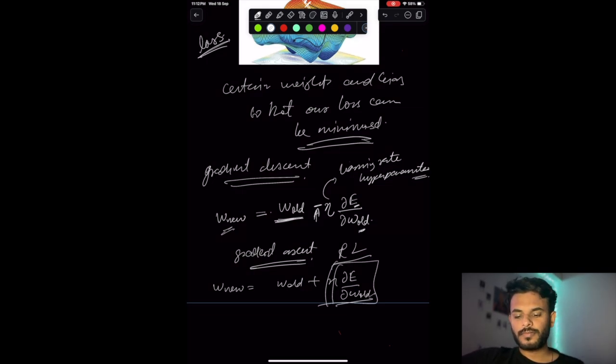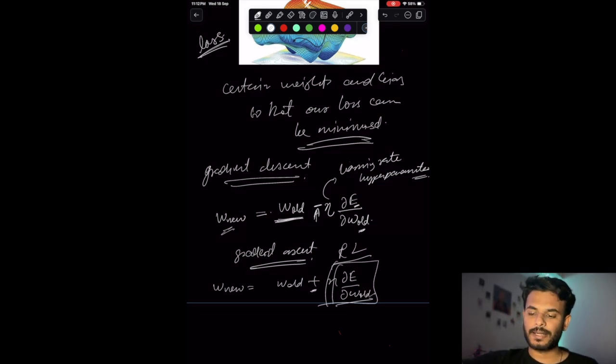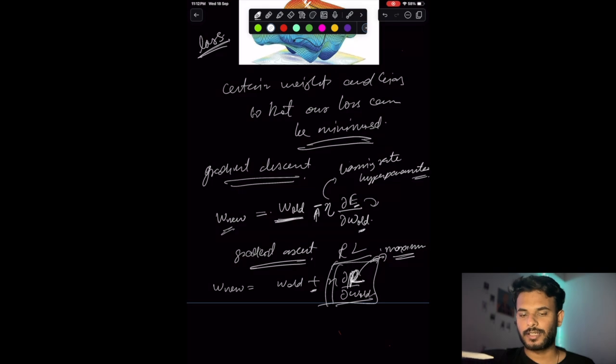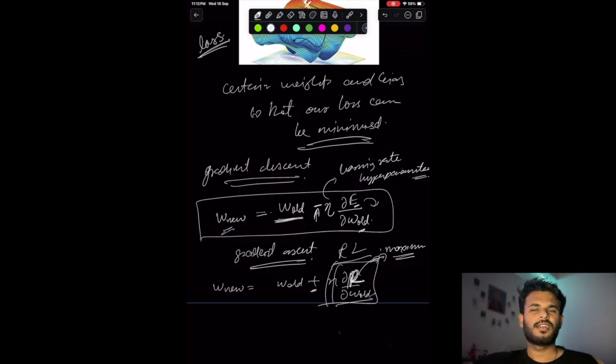Here we are adding it because the problem formalization is a bit different than what we are doing here. Here we are minimizing the error, but there our aim is to maximize the reward. For the sake of understanding, let's call it R. So we have to maximize reward in that case, so we are ascending, but here we have to minimize the error. So this is our gradient descent algorithm, pretty basic.